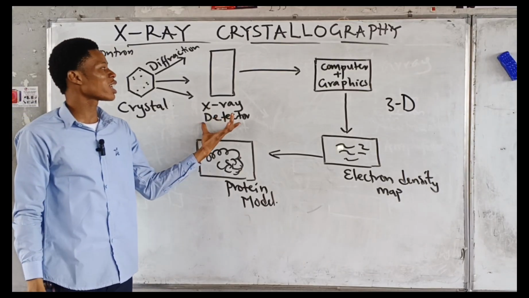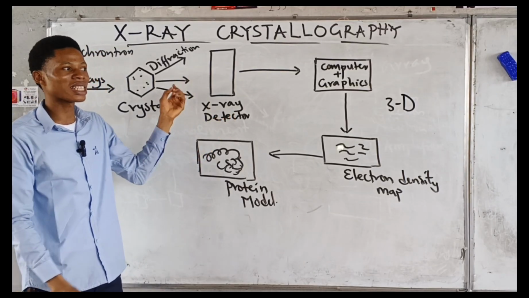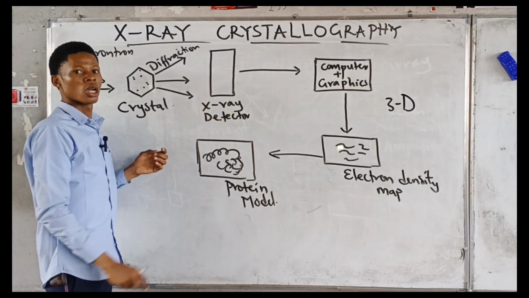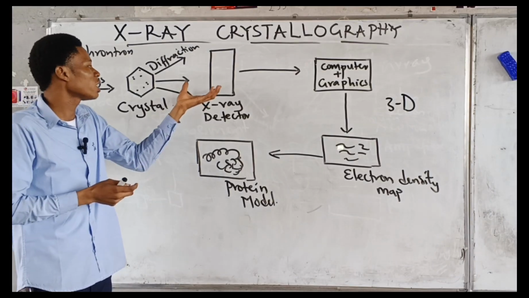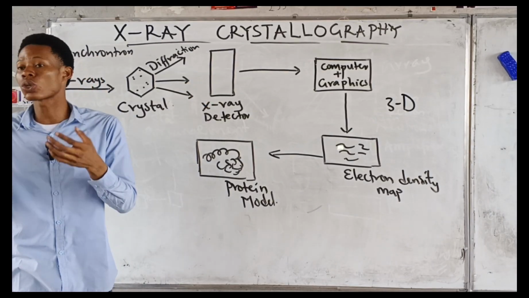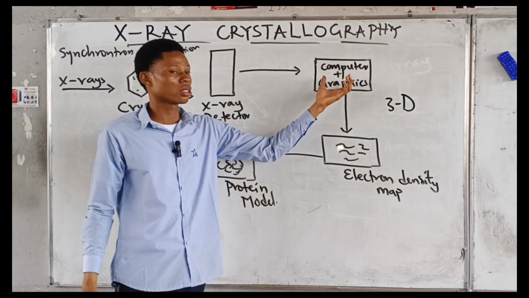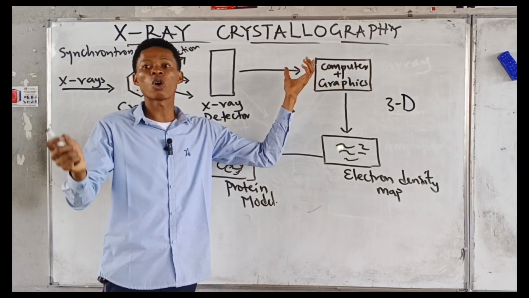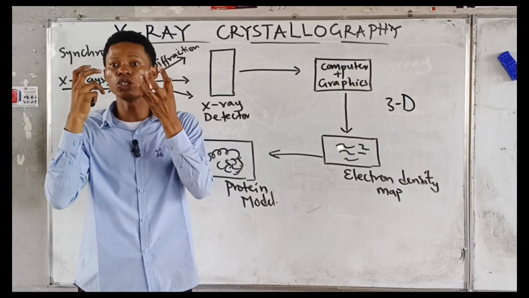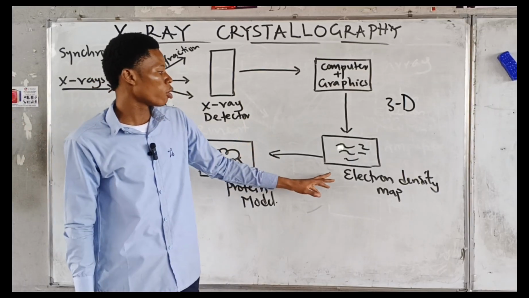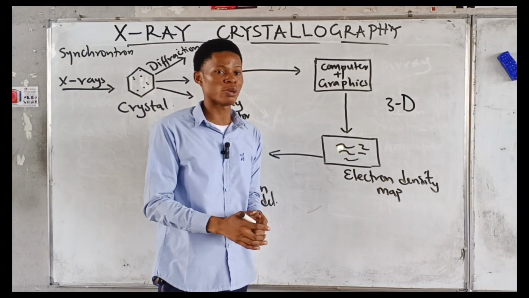Now, we have an X-ray detector here that will detect the diffraction. But seeing that on the screen, you cannot use it to interpret anything. So we have a computer and graphics here that will convert it into what you can use to interpret. From there, an electron density map is formed.